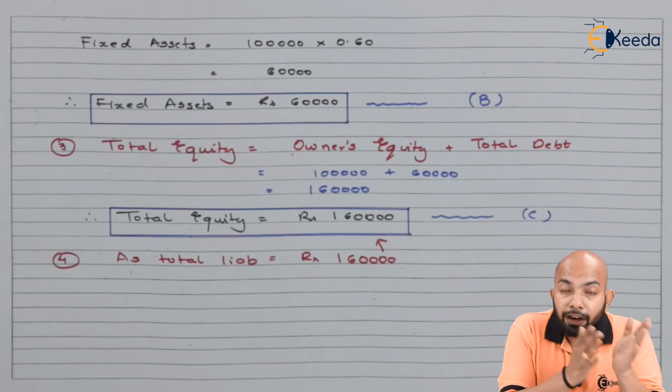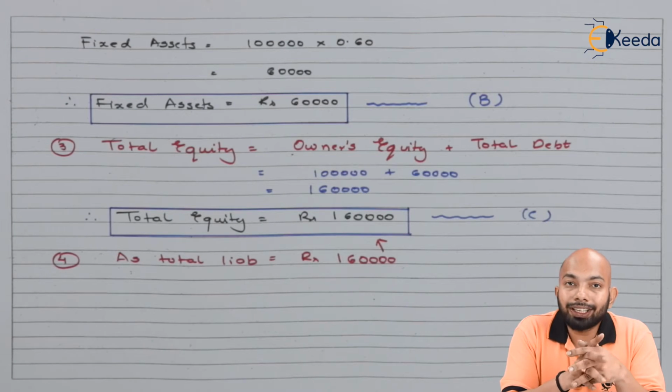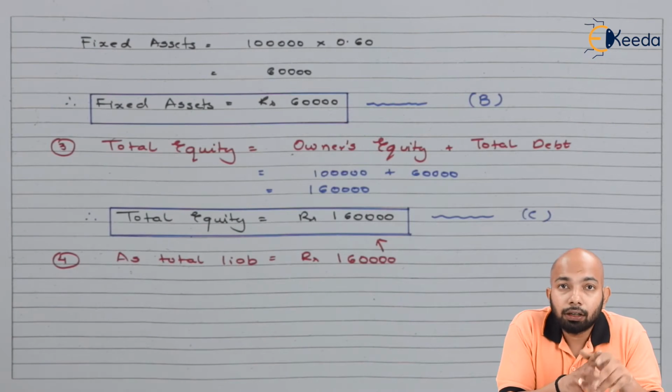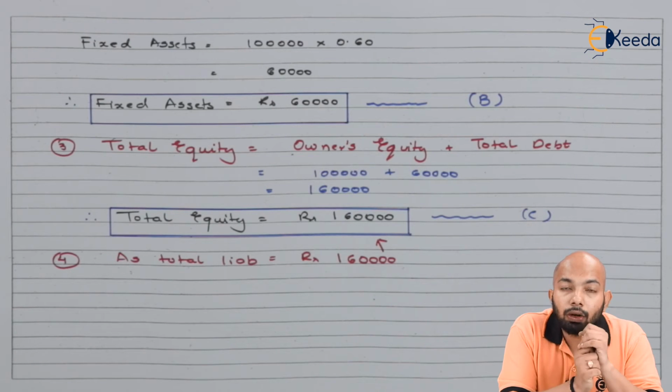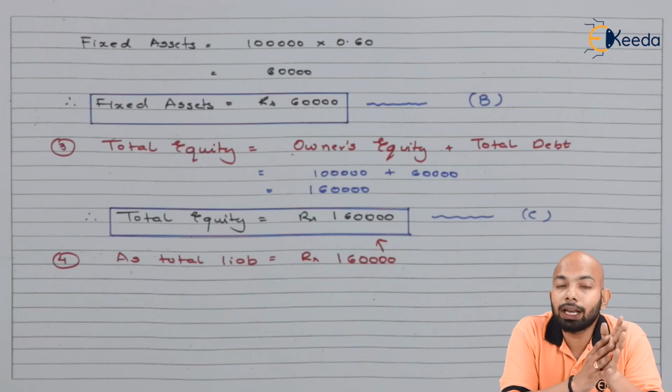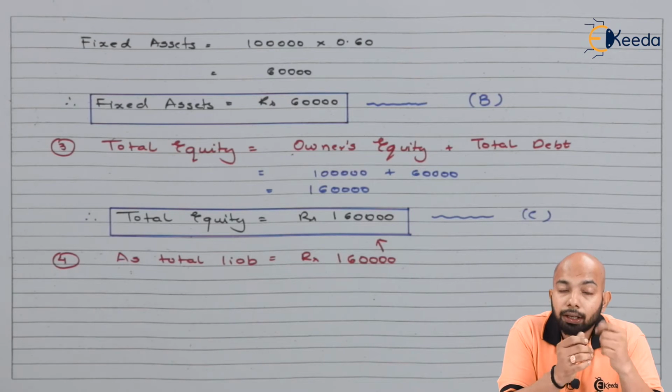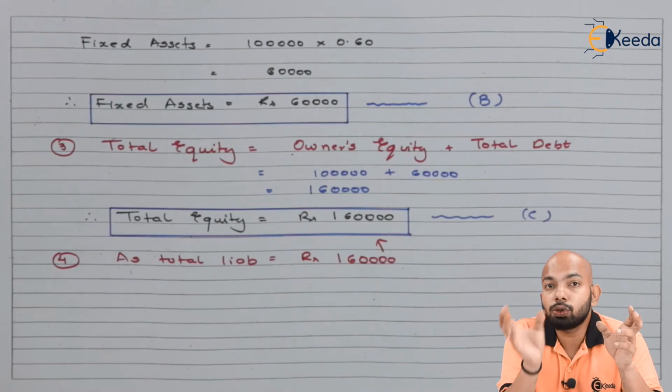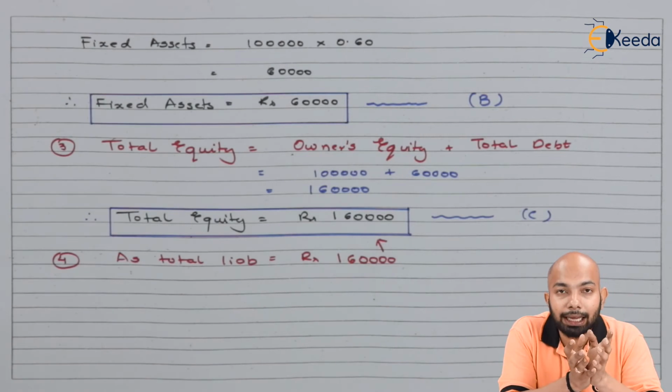Now, before we find out the total assets, let us understand one thing. Total equity means the total of the liability side is 1,60,000. That means total assets should be equivalent to 1,60,000. It should be equal to 1,60,000. This is what we're assuming, because liability is equivalent to the asset side, and hence the balance sheet tallies.